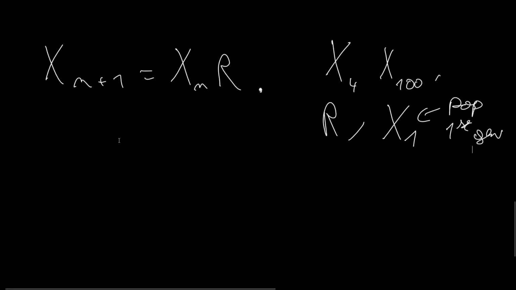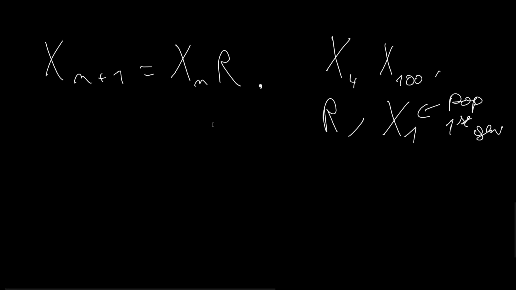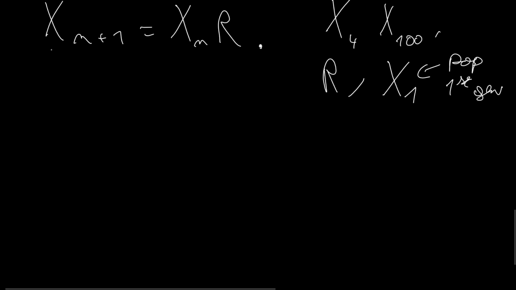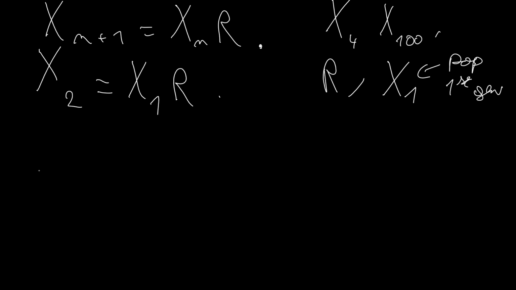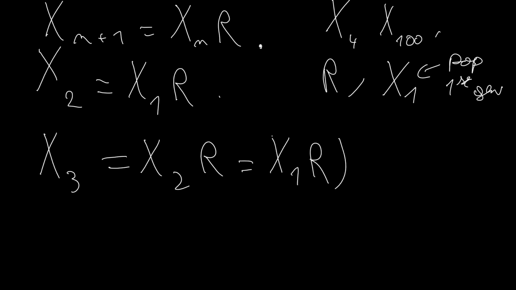Well, if we look at the equation, let's try to do some iteration on it first and see if we can get some pattern from it. So starting from x2, we would get x2 equals x1 times R. x3 is equal to x2 times R, which in itself is equal to x1 times R times R, which would give us x1 times R squared.